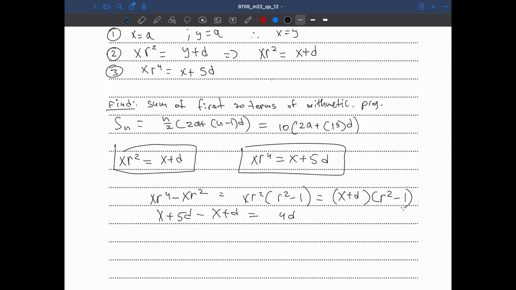Does that give us something? I'm not sure. Maybe there are different ways. This didn't necessarily give us something.